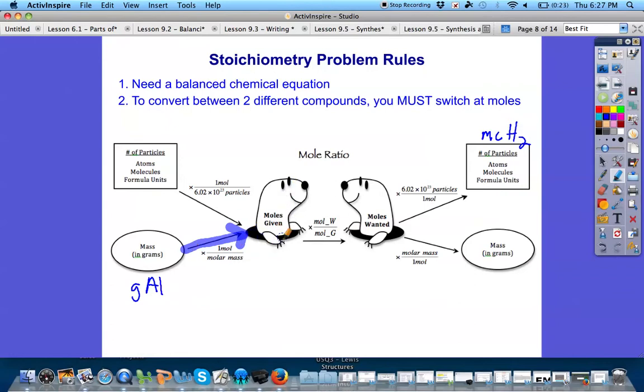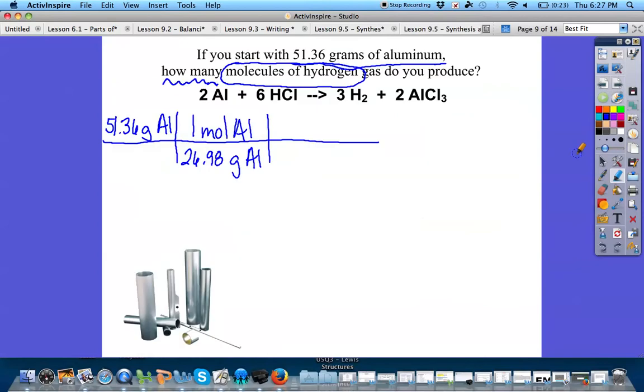So the next step says that we need our mole ratio to convert from moles of one chemical to moles of another. So in our chemical equation, we have 2 moles of aluminum, and we want to go to hydrogen, so we have 3 moles of hydrogen.